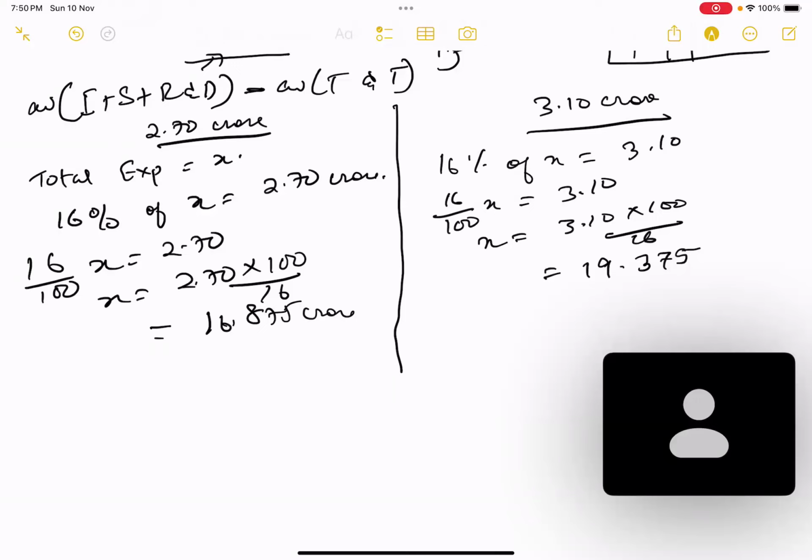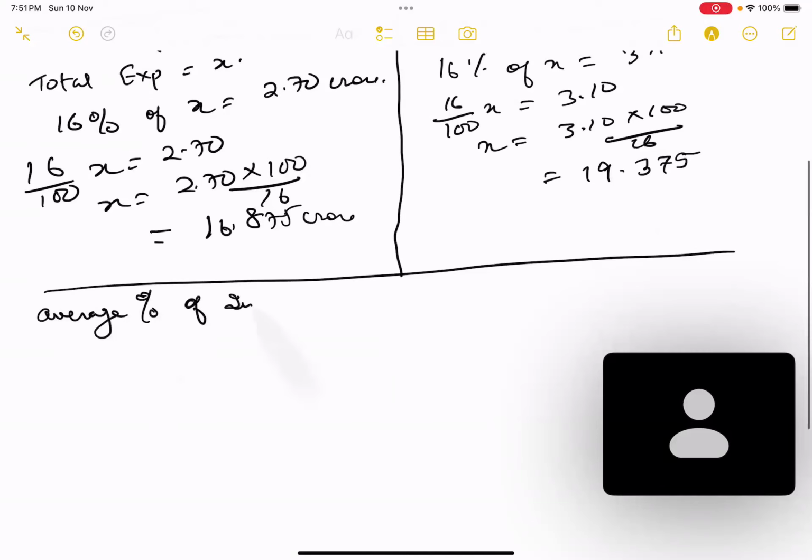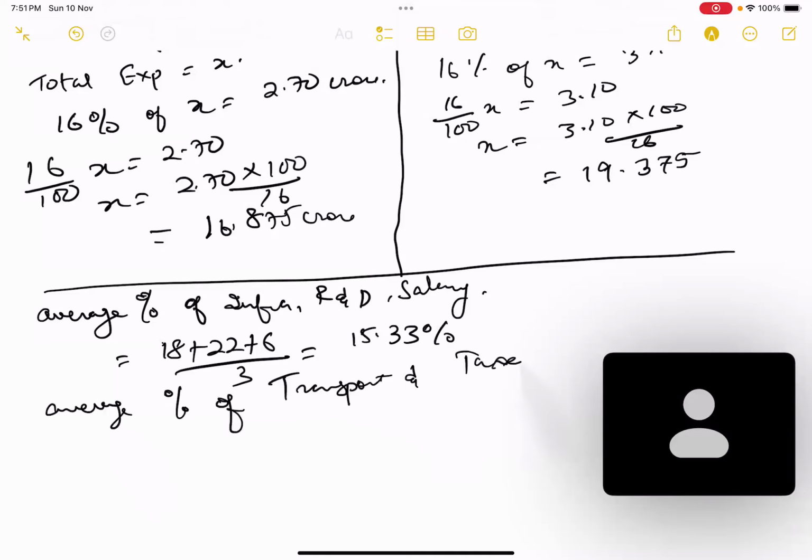Now let's find the averages. First is the average percentage of infrastructure, salary and R&D, which is 18 plus 22 plus 6. Since there are three entities, we divide by 3 to find the average, which is 15.33%. Next is the average percentage of support and taxes, which is 12.5 and 8.